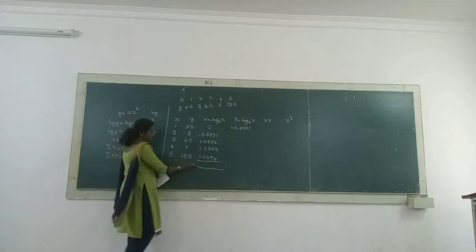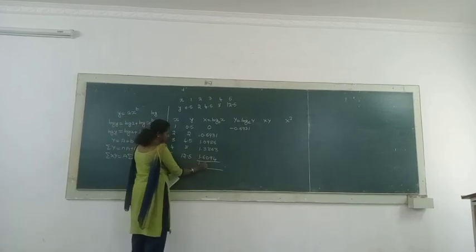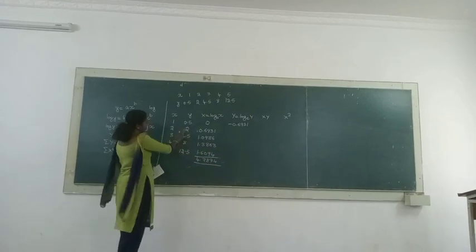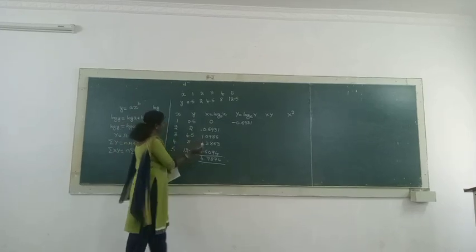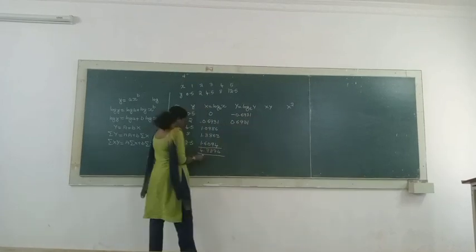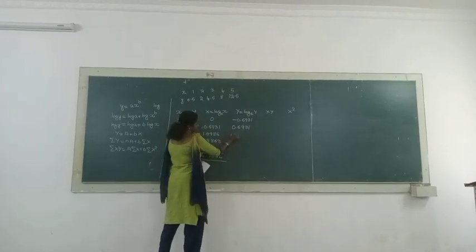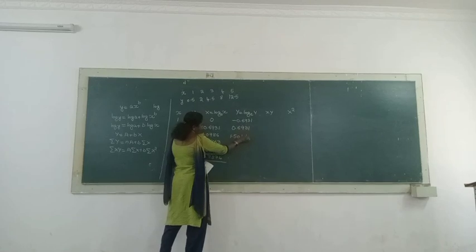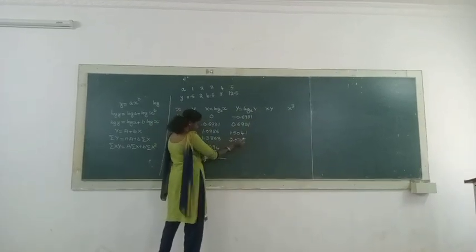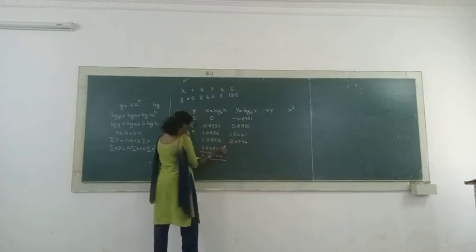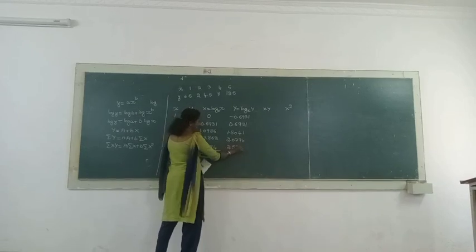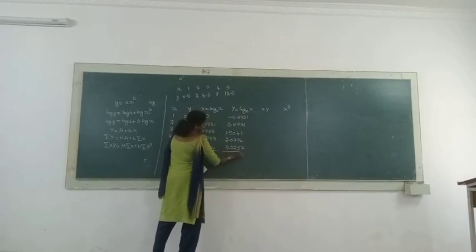Summation of capital X is going to be 4.7874. Similarly, for capital Y, log of 0.5 is minus 0.6931, log of 2 is 0.6931, log of 4.5 is 1.5041, log of 8 is 2.0794 and log of 12.5 is 2.5257.